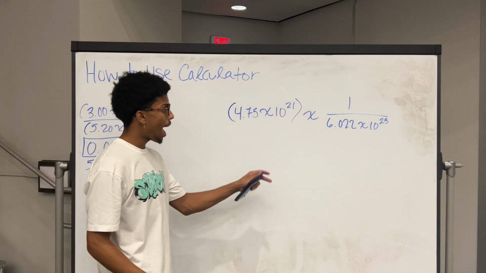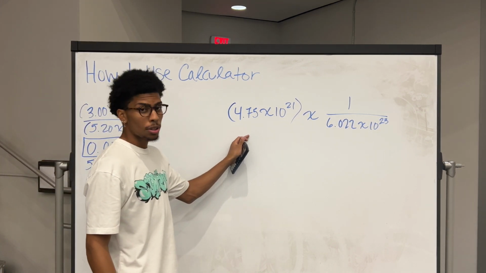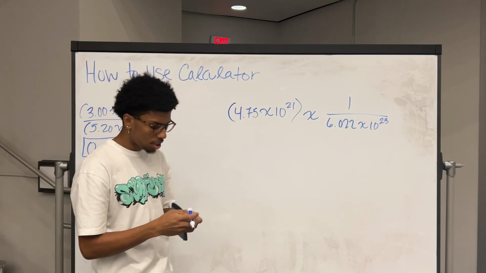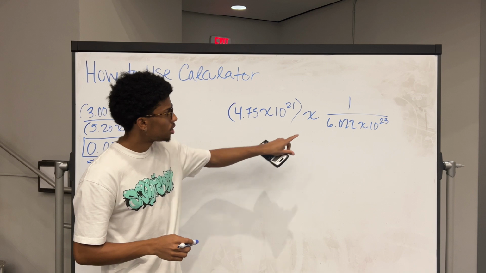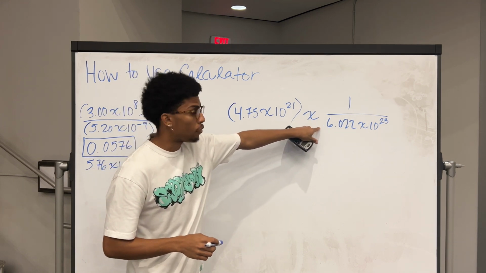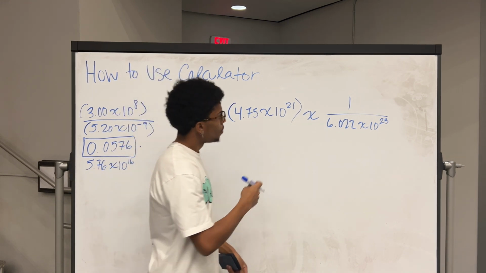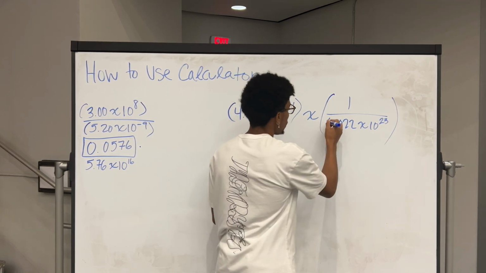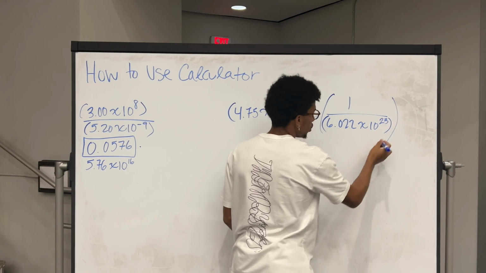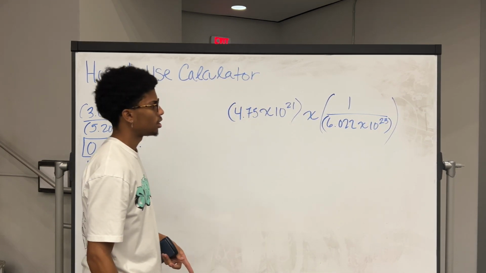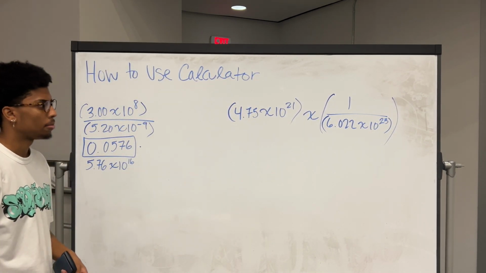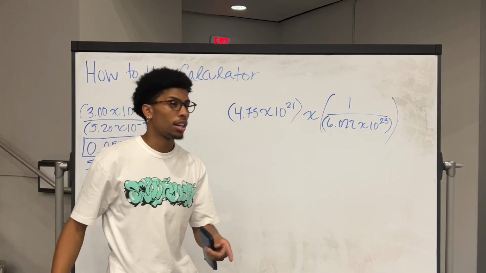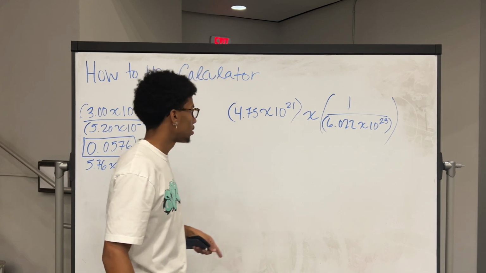And then when you have a number being multiplied by a fraction in general, put the fraction in parentheses, and then again, put parentheses just around the scientific notation number, right? If this number had also been scientific notation, you would also put parentheses there, but there's no need to put parentheses there, okay?